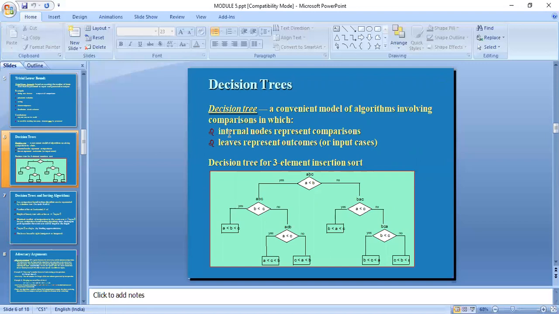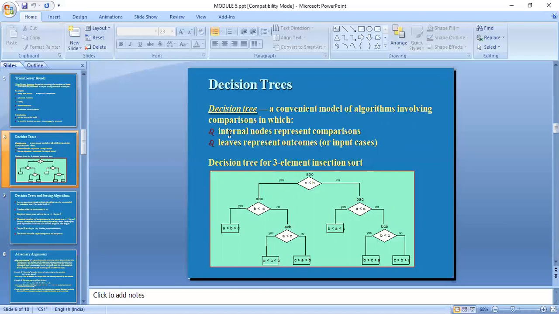If you have any problem of the non-polynomial category, we can consider it as either an optimization or a decision problem. Mostly the decision problems are solved using backtracking, and the optimization problems are solved using branch and bound, where you construct a state space tree.